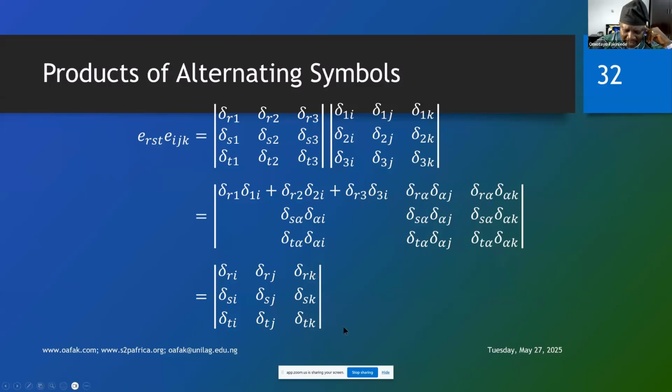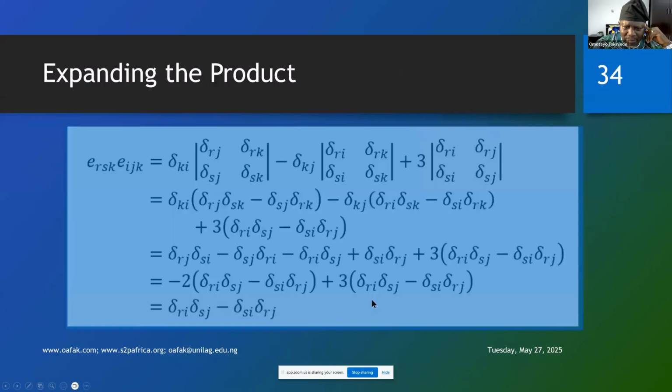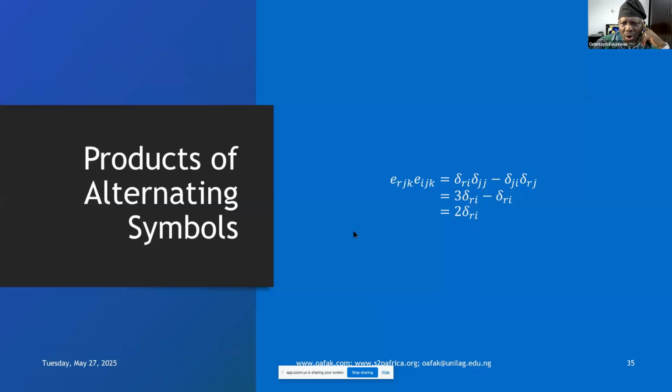And the question you may then ask me is, what happens if all the indices are equal? If R becomes I, what do you then have? I want you to go to the chat room and tell me what you have if R becomes I. I'll give you a minute. Suppose that if R becomes I, that means you have EIJK times EIJK.